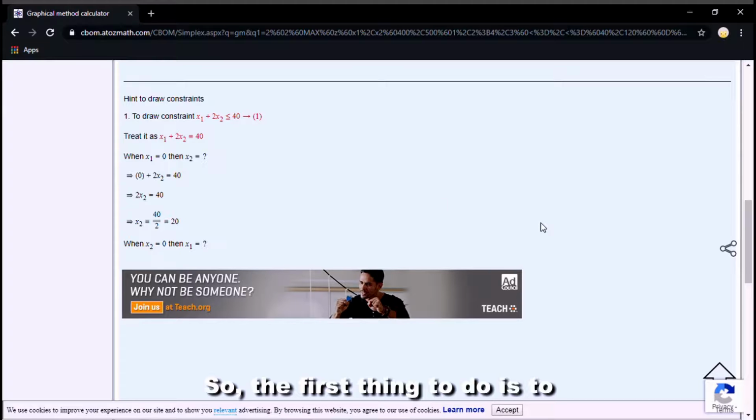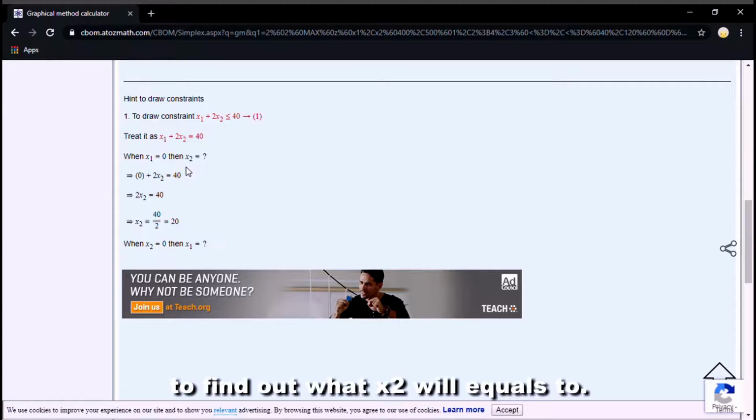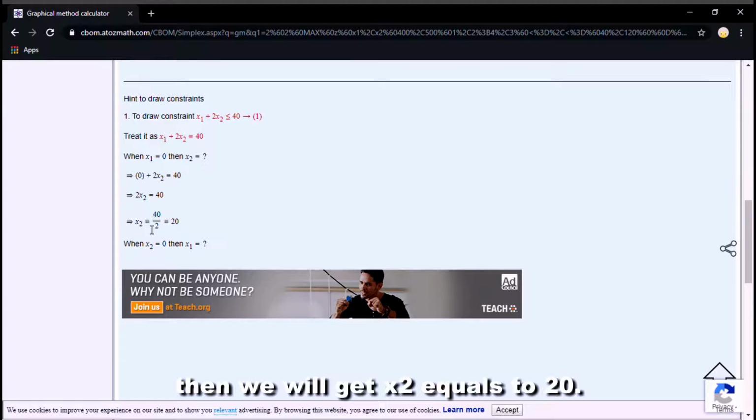So the first thing to do is to treat our first constraint from inequality sign to equality sign, which is this one. And then we should substitute x1 equals 0 to find out what x2 will equal. So when we substitute the 0 into our first constraint, then we will get x2 equals 20.